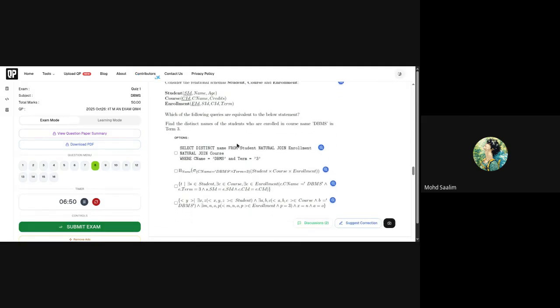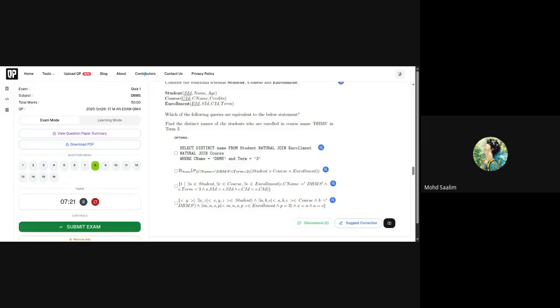The schema is given and they are giving you SQL queries, relational algebra, tuple relational calculus, domain relational calculus. So this type of question is very, very, very common in quiz one. You can even assume that one question of this type will be present in your exam, right? Because we can see this pattern repeating again and again.